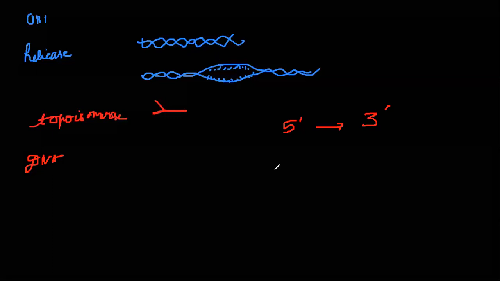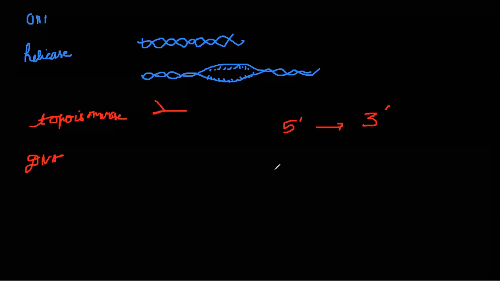So one of the new strands is synthesized fast and continuously, called the leading strand, and the other strand is synthesized slowly and discontinuously in the opposite direction, called the lagging strand. Fragments of DNA in the lagging strand are called Okazaki fragments, named after the scientist Okazaki.